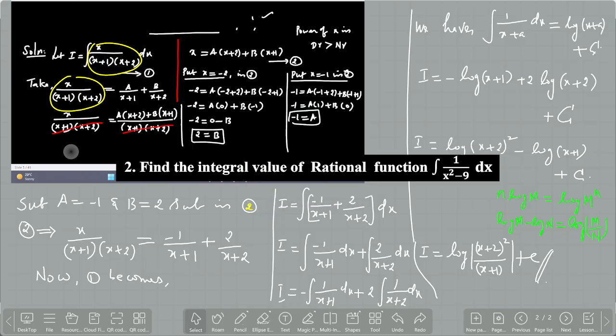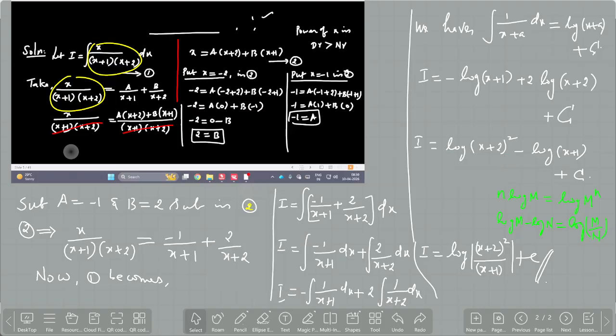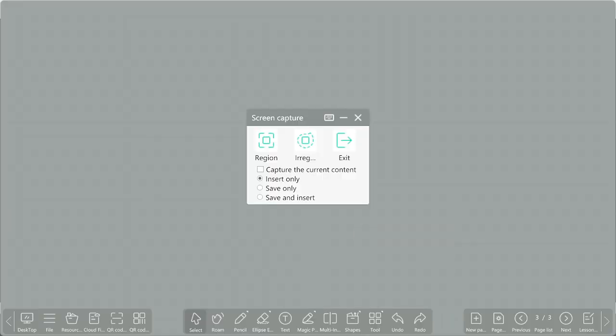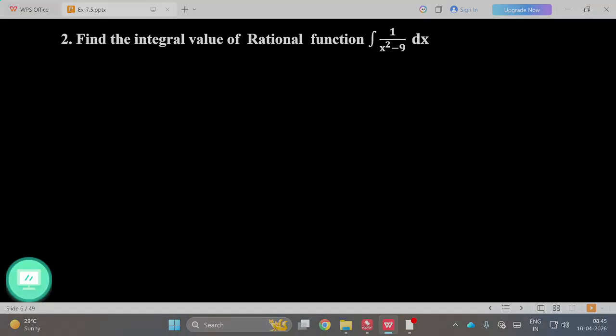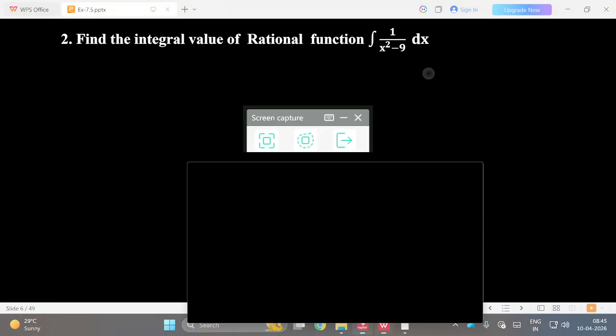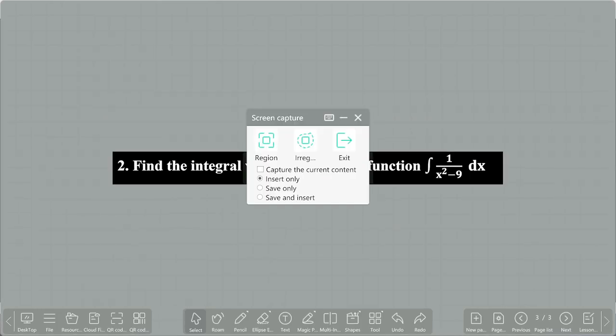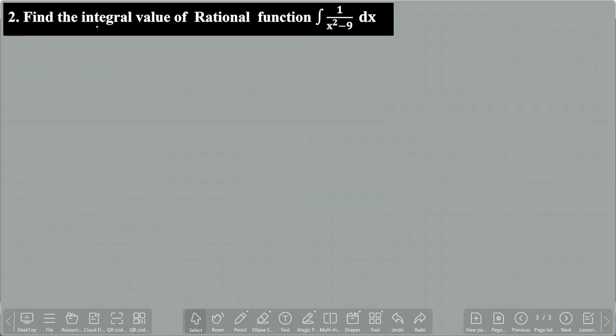Sorry. Shall I delete? Yes. Next page. Okay, no issue. Yes. Question number 2.